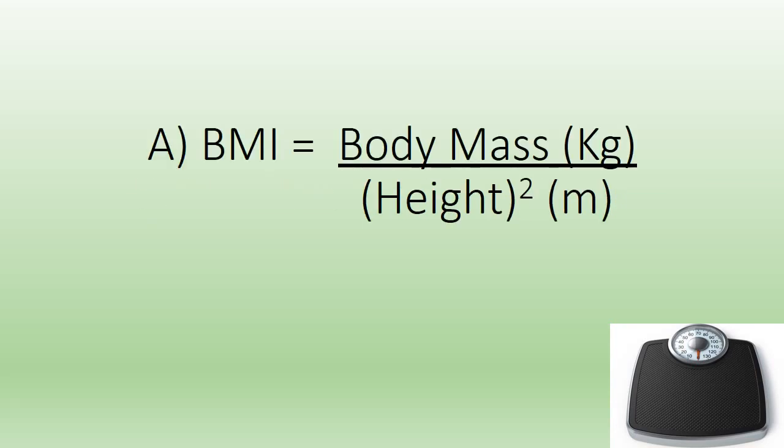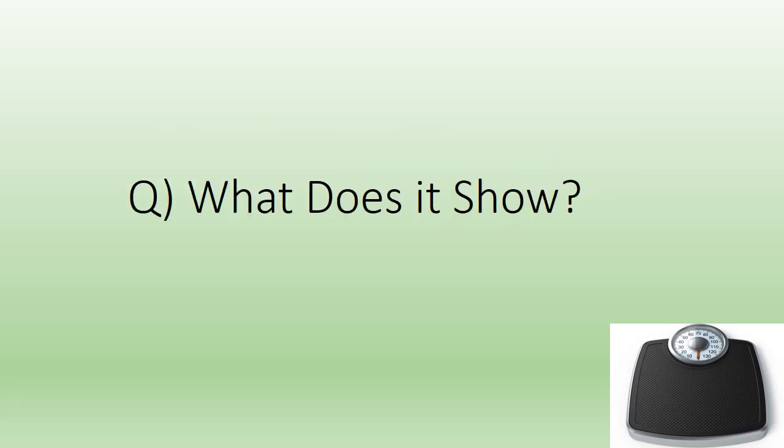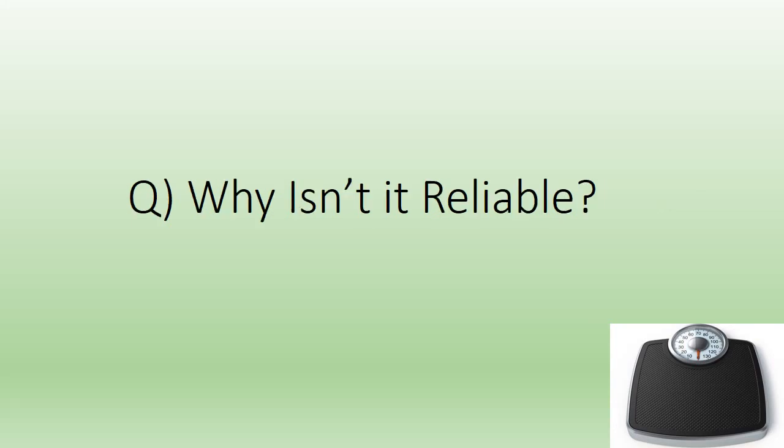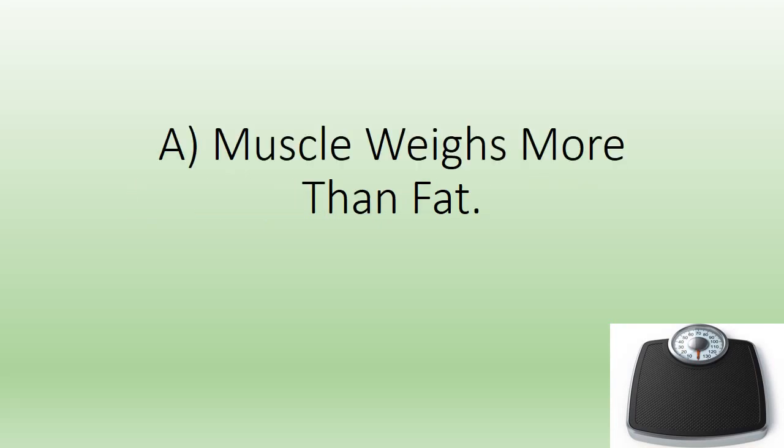BMI equals body mass in kilograms divided by height squared in meters. What does it show? Your weight description. Why isn't it reliable? Muscle weighs more than fat.